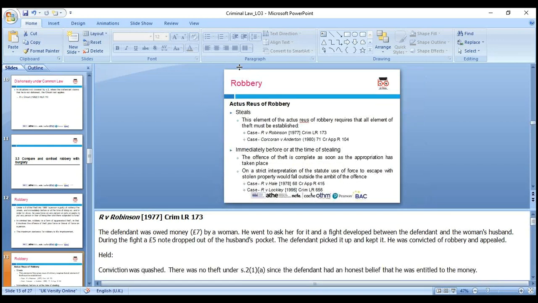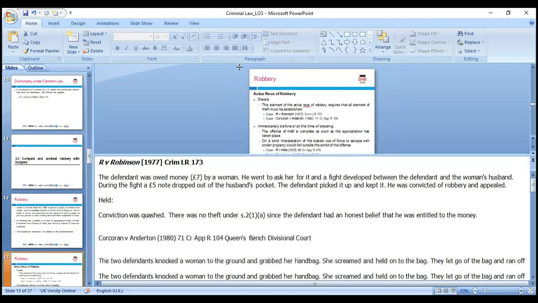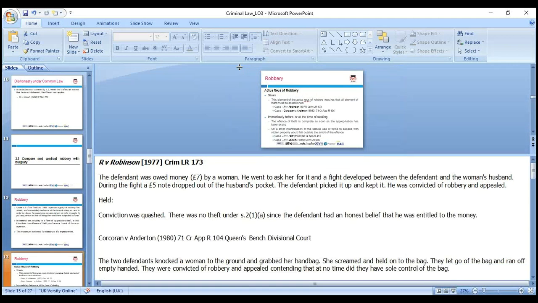Like one of the thieves being caught, the courts have advised, even in the past, in the Court of Appeal. The defendant was owed money by a woman and went to ask her for it, and a fight developed between the defendant and the woman's husband. During the fight, a £5 note dropped out of the husband's pocket and the defendant picked it up and kept it.